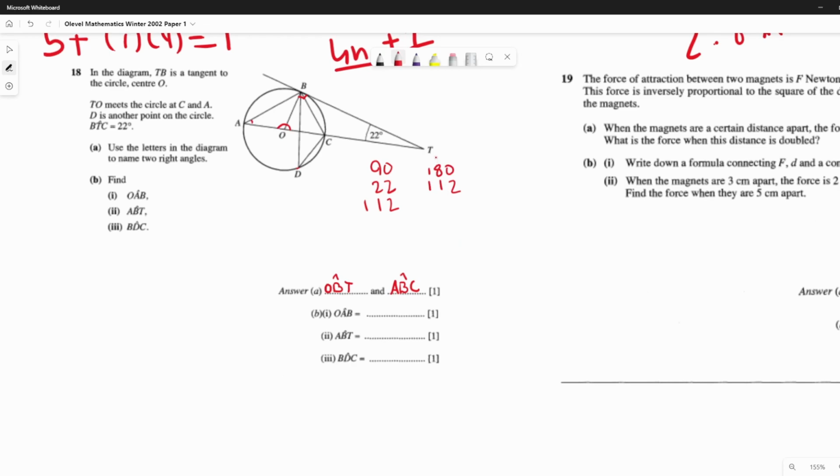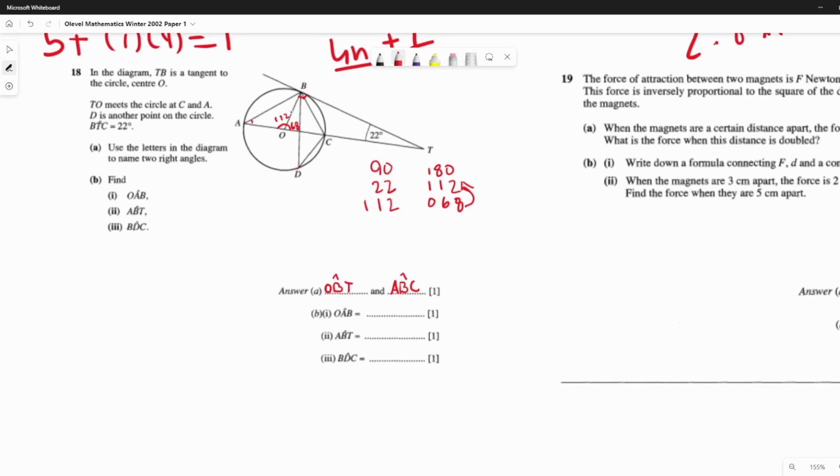That would leave us with 68. So this little bit would be 68, which means this whole thing, because it's a line, the sum of these two should be 180. A straight line is at an angle of 180. So you subtract 68 from 180 and you get 112. So this side is 112.